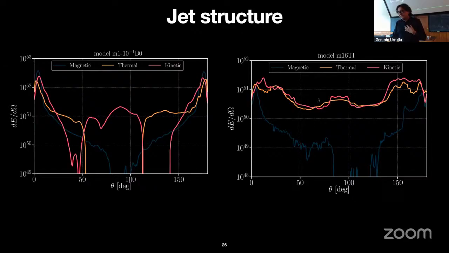But for example, in this star, this 16 Ti star has a very steep core. The high density is concentrated in the core of the star, and after that the other layers decline very fast.